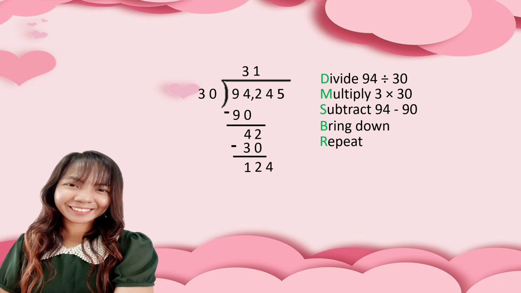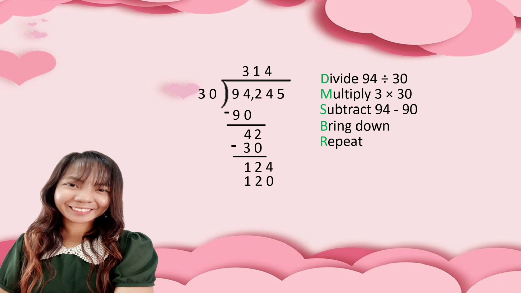I'll give you time to answer. Okay, the answer is 4. There are 4 thirties in 124. So after divide, we will multiply.